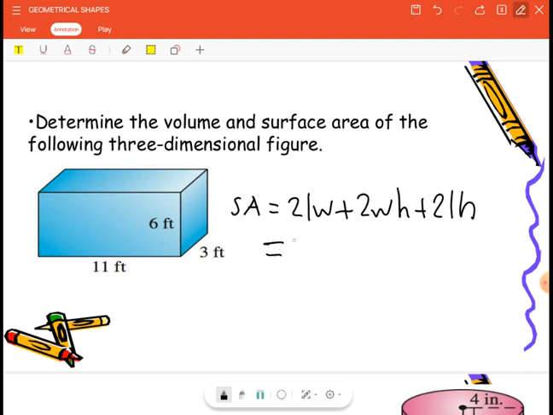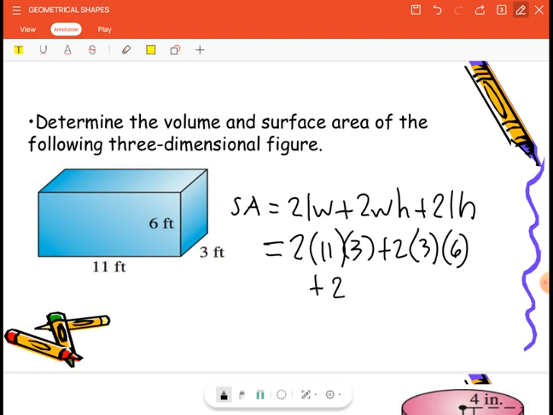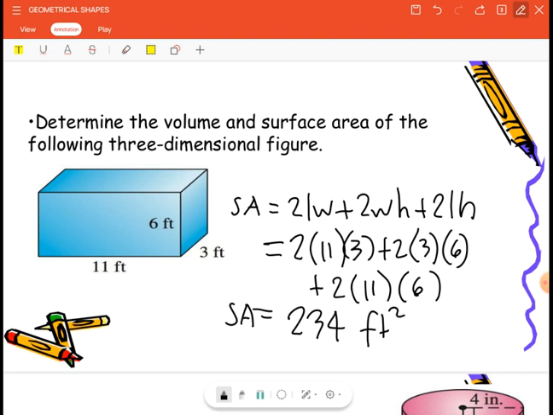So, substitute lang natin siya. 2 times yung length natin na 11, yung width natin na 3. Yan. Plus 2 times width natin na 3, tas height natin na 6. Plus 2 times yung length natin na 11 times height na 6. Okay, and that will give us the value of 234 square feet. Okay, kasi area siya, di ba?